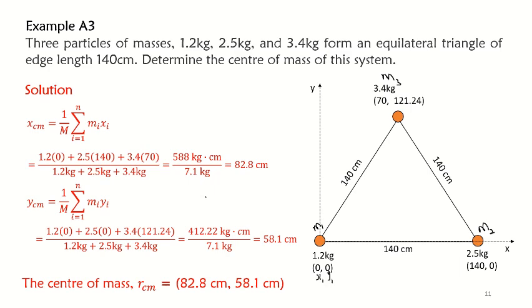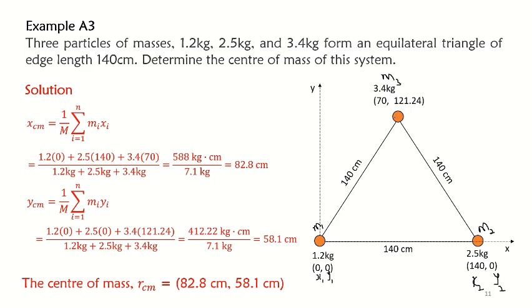Straightforward. For m2, because the edge length is 140 centimeters, our x will be 140, but because it's on this edge, y is 0, so y2 is 0.